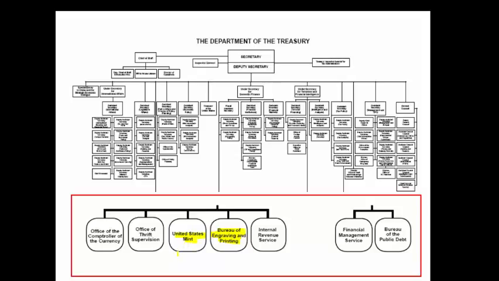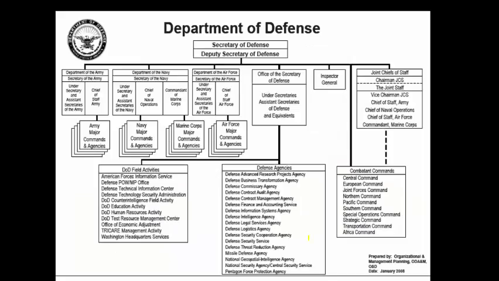Again, it then gets sent over to the Federal Reserve, which we'll talk about in a few minutes. And famously, you probably have heard of the Internal Revenue Service that collects our taxes. And in fact, I just a couple of days ago did my income taxes and mailed them off to the IRS. So these are the third tier bureaus of the Department of Treasury.